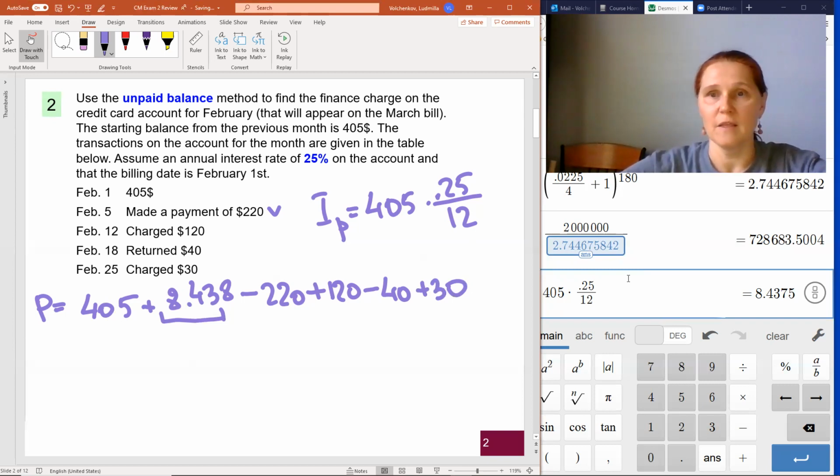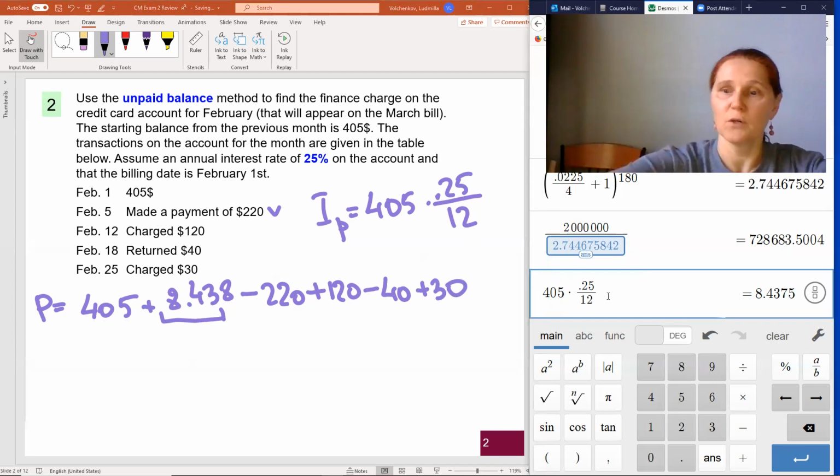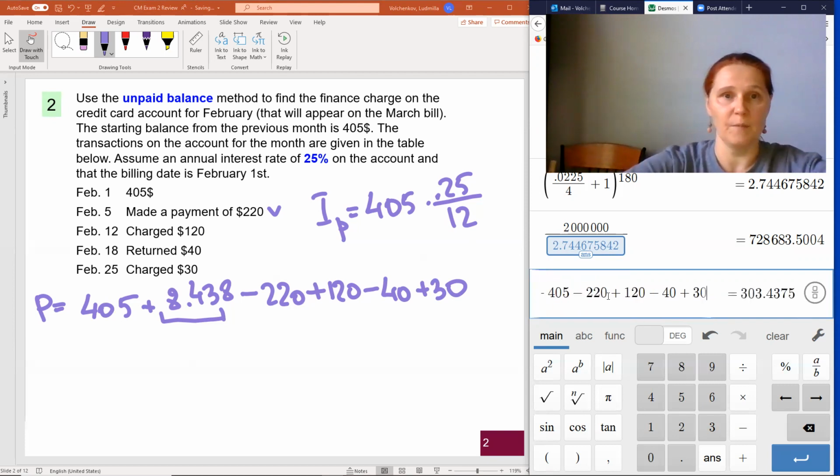So let us find this balance. So we add 405, subtract 220, add 120, subtract 40, add 30.